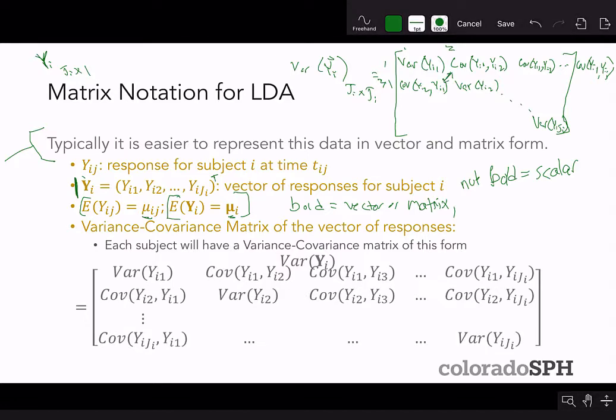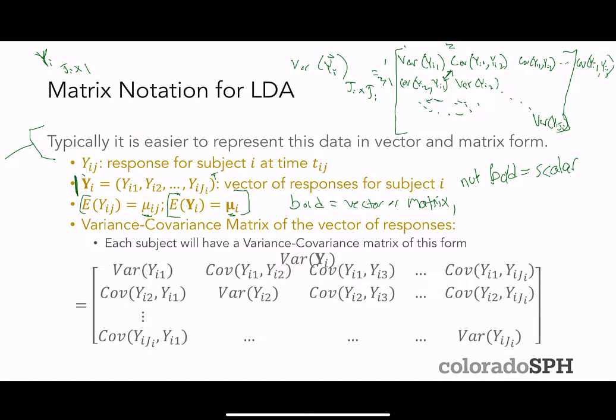These two terms are going to be equal. So you don't have to fill out this portion because it's equivalent to that upper portion. So every single person will have a variance matrix like this associated with each of their vector of observed time points.